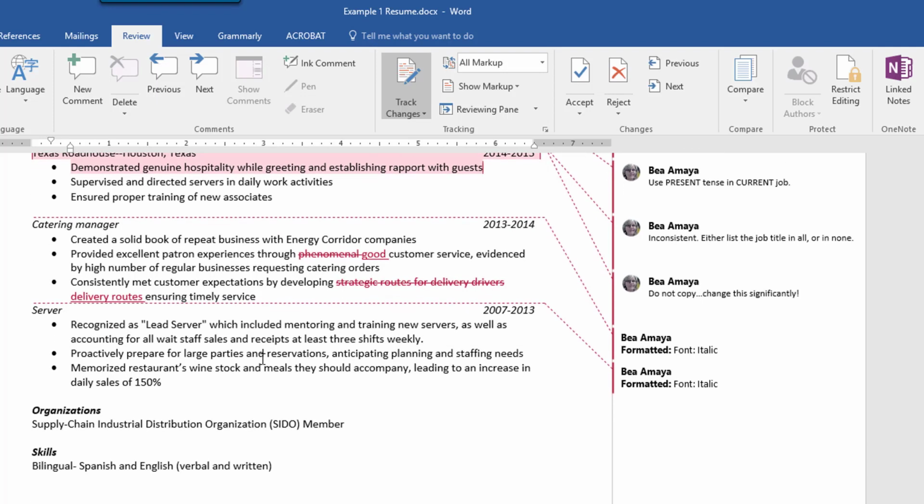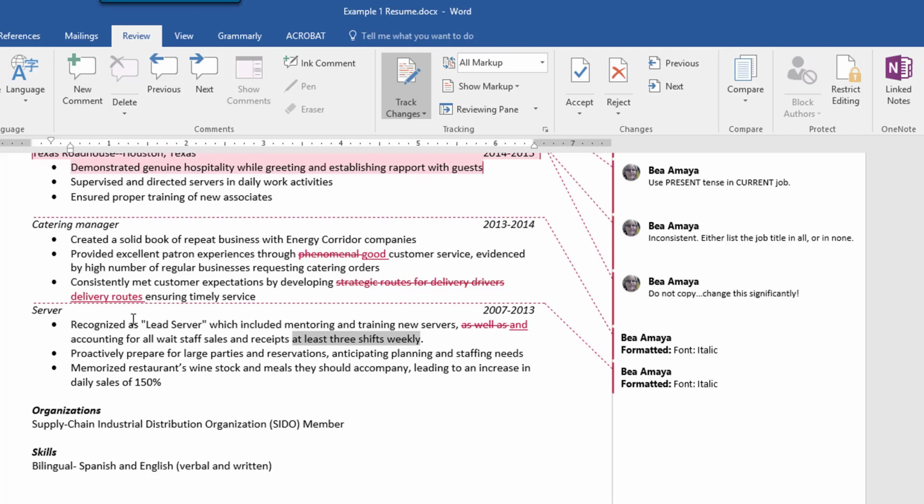That's good. Driver delivery routes. All right, as a server, he was recognized as a lead server, which included mentoring and training new servers. Not as well as. So, and accounting for all wait staff, sales, and receipts. At least 3 shifts weekly.